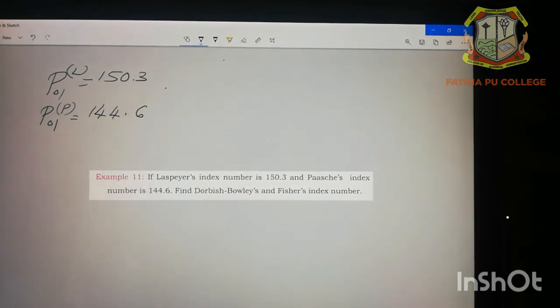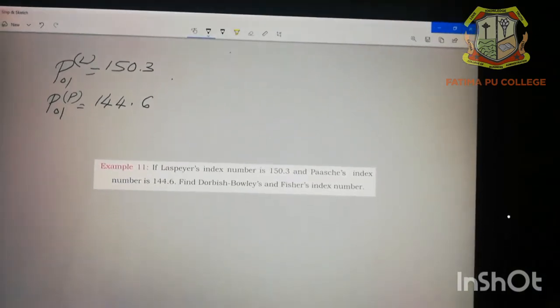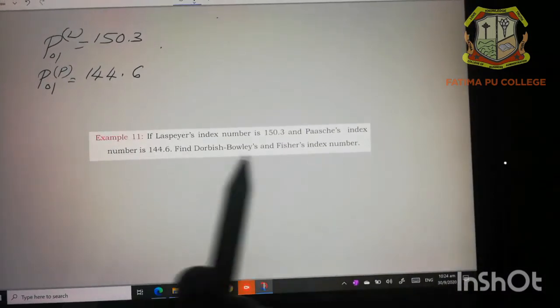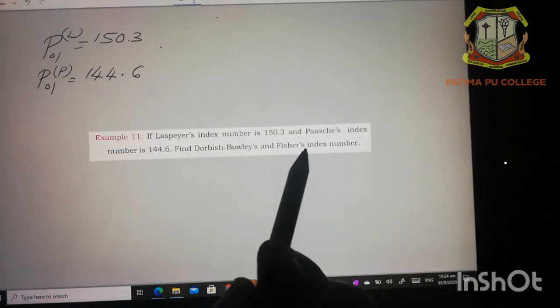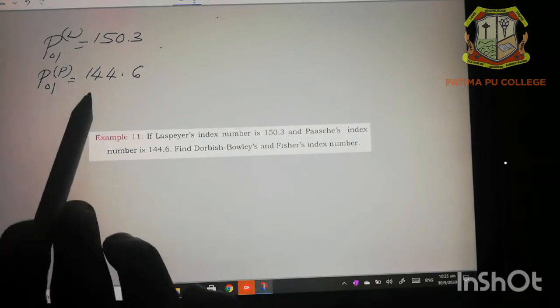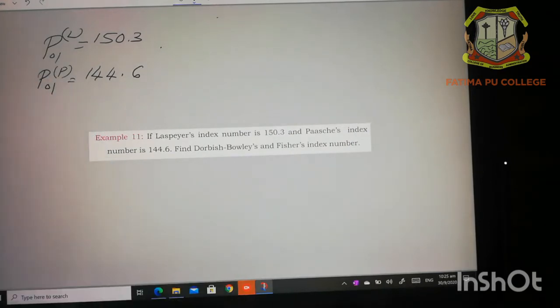They have given these two. Now what are we supposed to find out? We are supposed to find Drobisch-Bowley and Fisher's index number based on Laspeyres' and Paasche's, students.